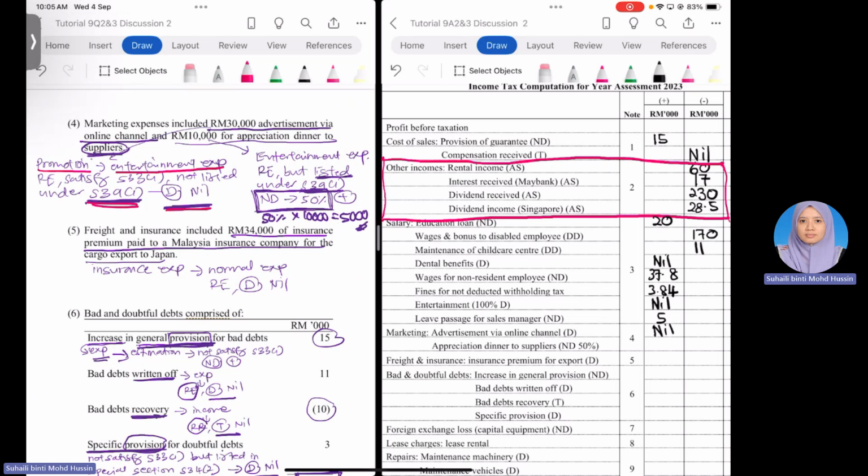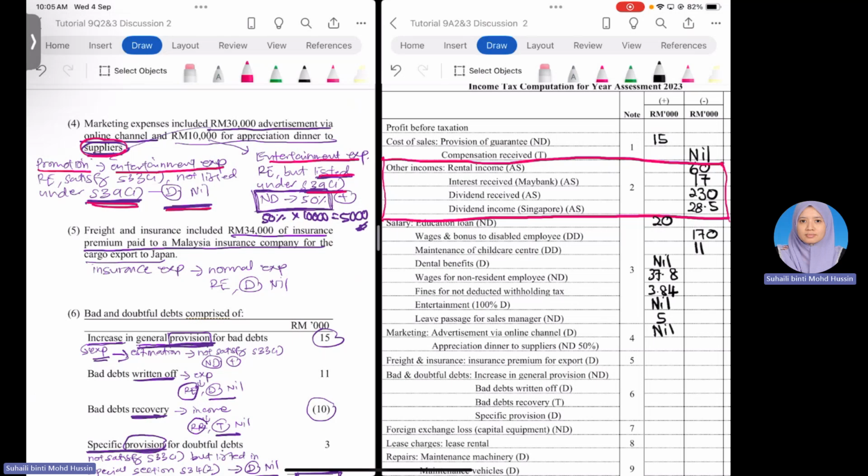However, for the other expense included under marketing expenses, the 10,000 ringgit for the appreciation dinner to the supplier, this is also part of entertainment expenses, revenue expenditure, satisfying section 33 subsection 1. But this type of entertainment expenses spent on suppliers is listed under prohibited deduction, section 39 subsection 1, as stated clearly in lecture 8.